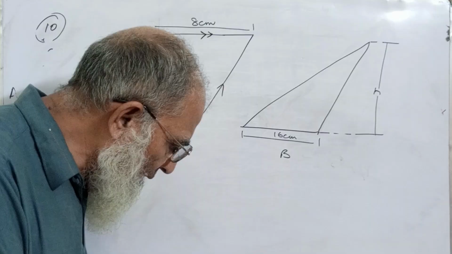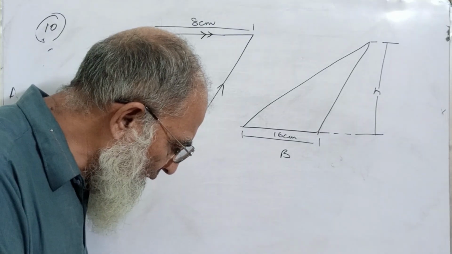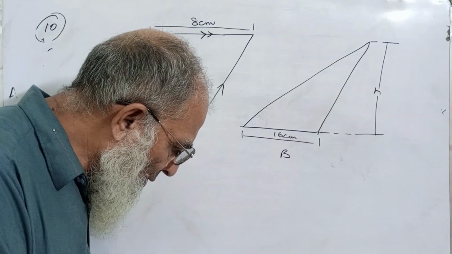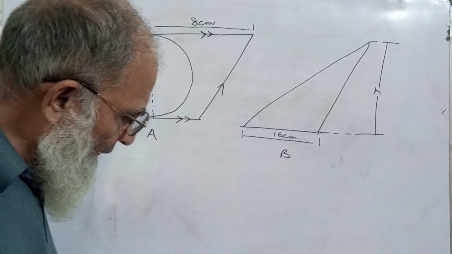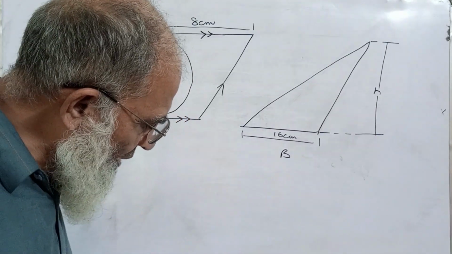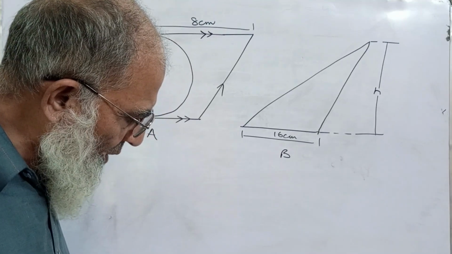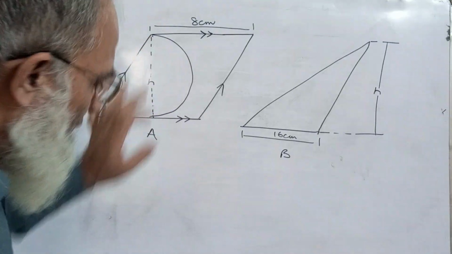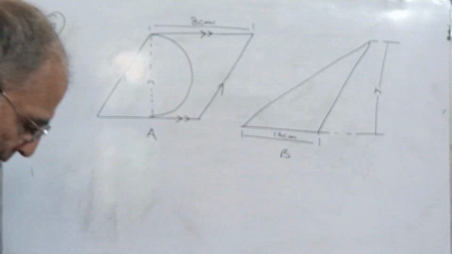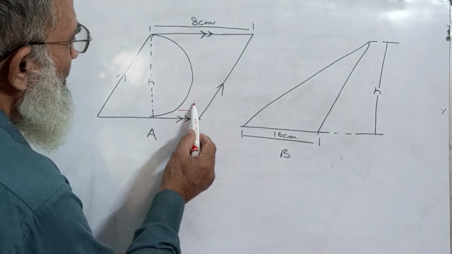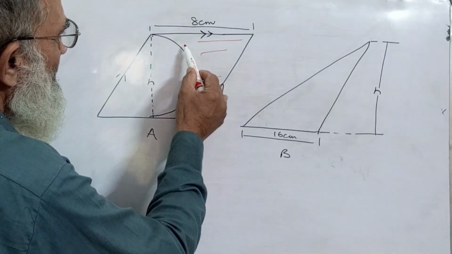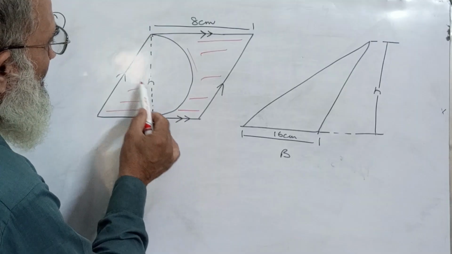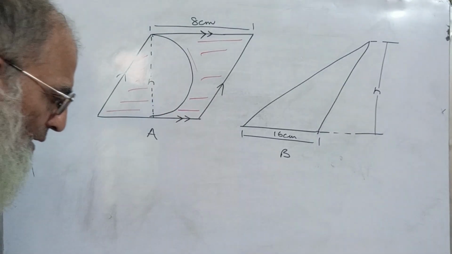The diameter of the semicircle is the same as the height of the parallelogram, h. Badge A is a parallelogram to be painted gold except for the semicircular section. So this will have to be painted gold, this and this.